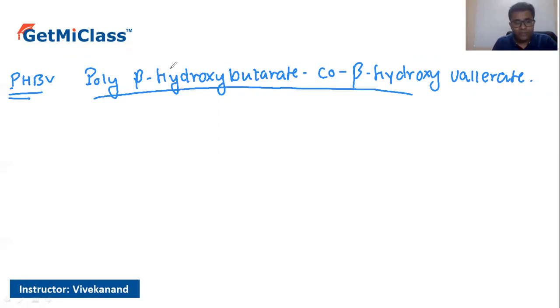So when we observe this, this is a combination of two different monomeric units, and hence this particular polymer is actually a copolymer.